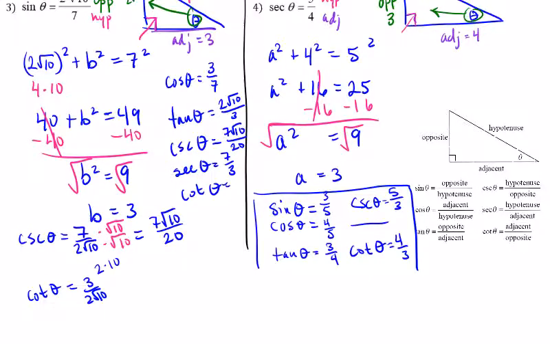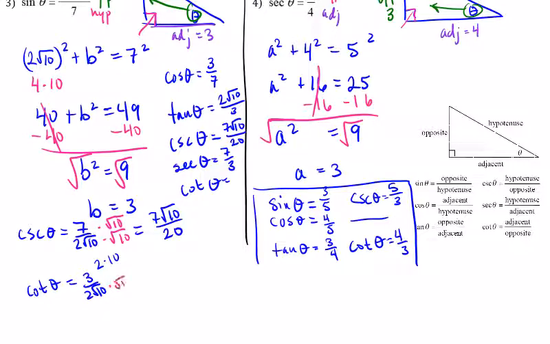Okay, so then we'll have to multiply by root 10. And so we'll get 3 root 10 on top. And then 2 root 10 times root 10 is going to be 2 times 10, which is 20. So this will be 3 root 10 over 20.